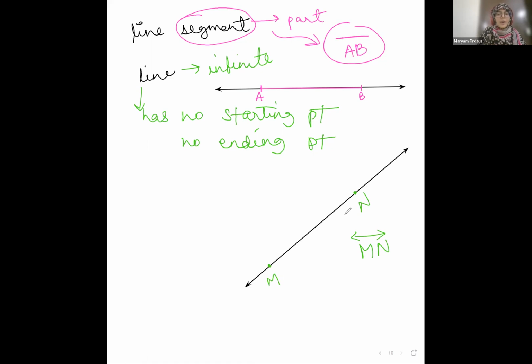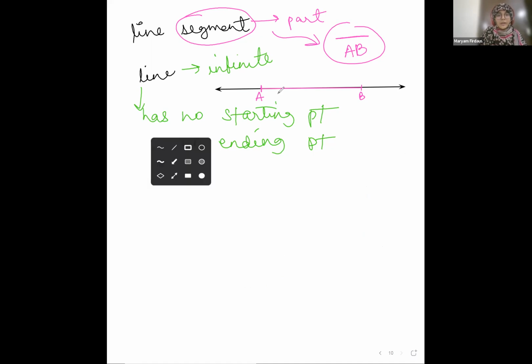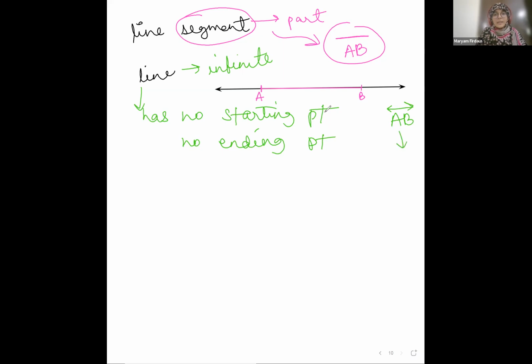That's how we denote a line. So over here, we will call this line AB. You will read it out as line AB, and this is your line segment AB. Notice the difference between how we are writing them.